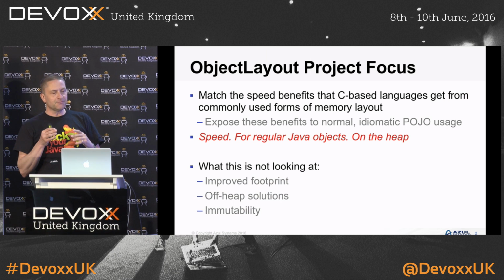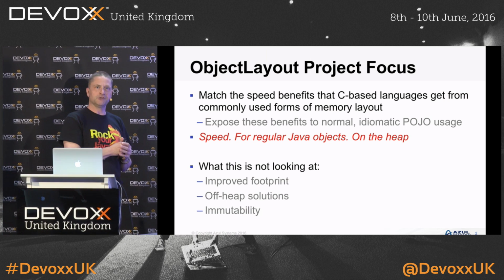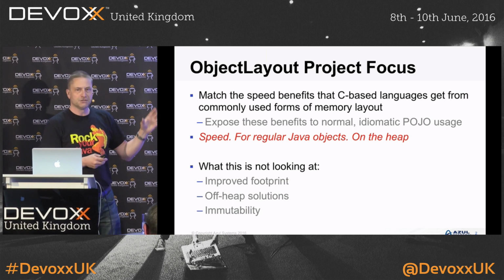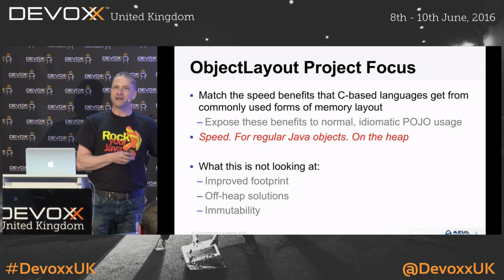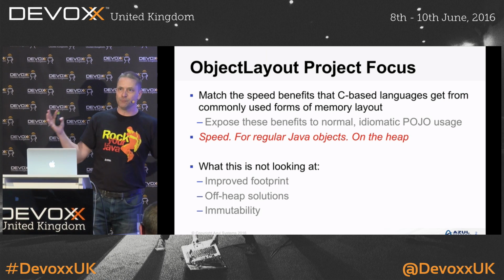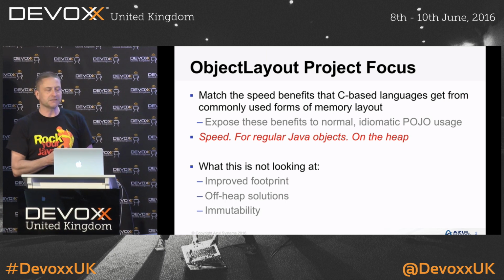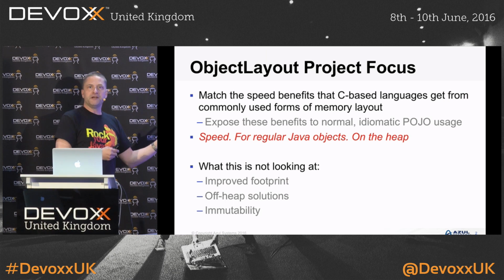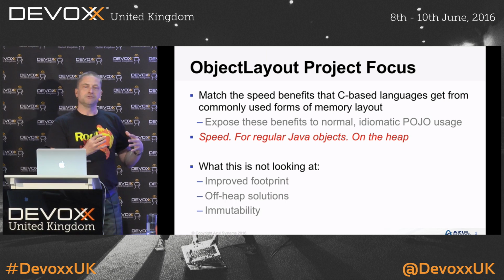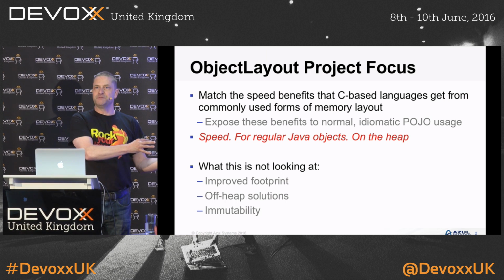Now, there are some things which we're not looking at doing specifically with this project. One of them is we're not worried about improving footprint. We're not trying to compress data. We're not trying to make things fit into a smaller space. We're not worried about trying to do things so that we move outside of the heap space.